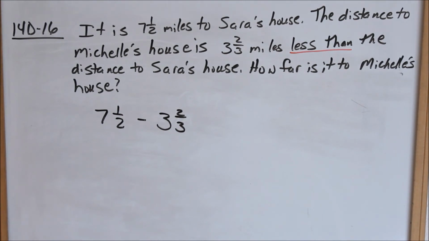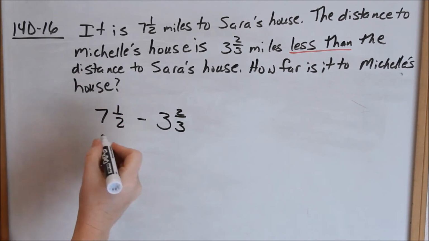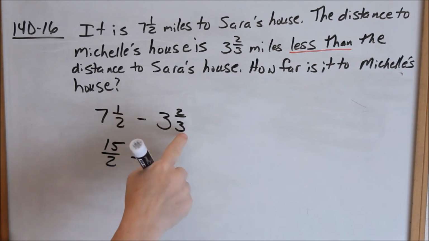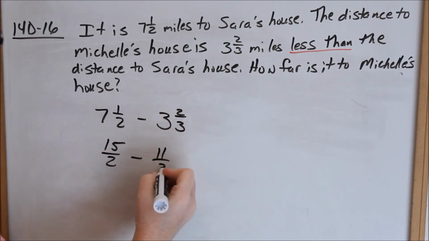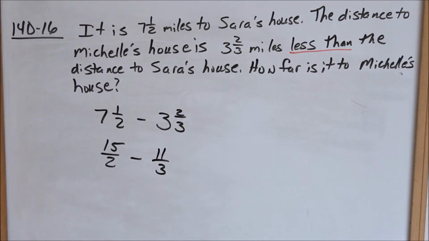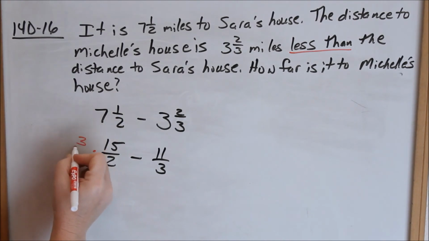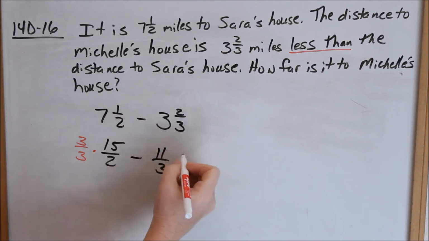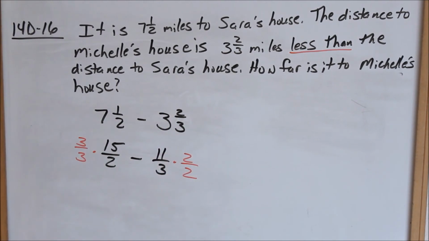Okay? So, improper fraction. 2 times 7 is 14, plus 1, 15, and then the denominator always stays the same. 3 times 3 is 9, plus 2, 11 over 3. So now you make a common denominator. To make a common denominator, you take this denominator and multiply it to both the numerator and denominator of the first one. Now take this one and multiply it to the numerator and denominator of the second one.